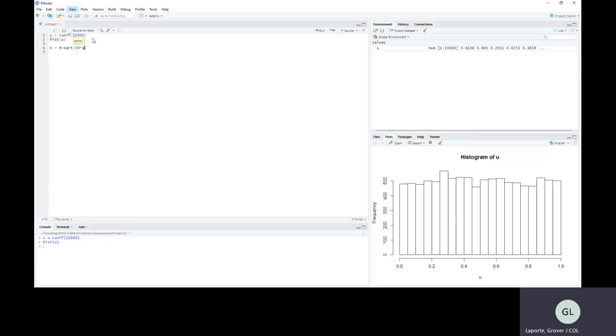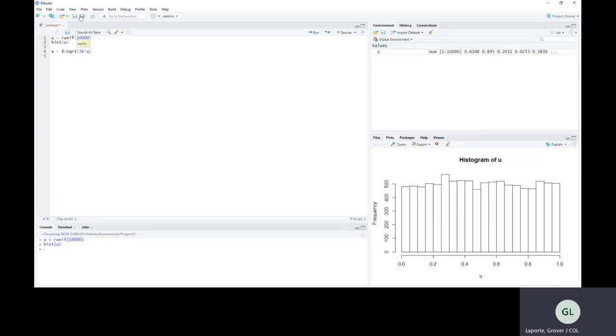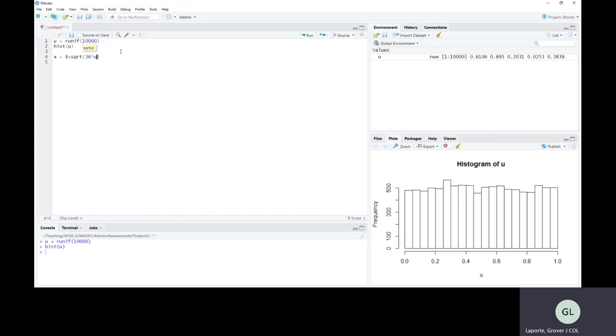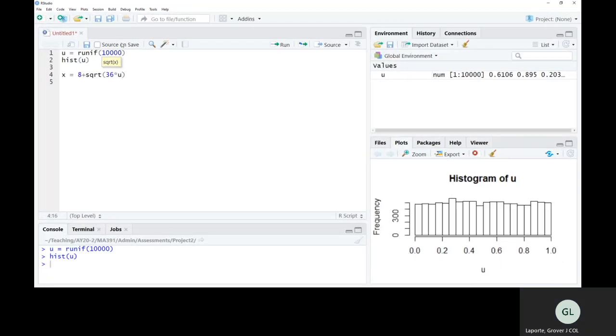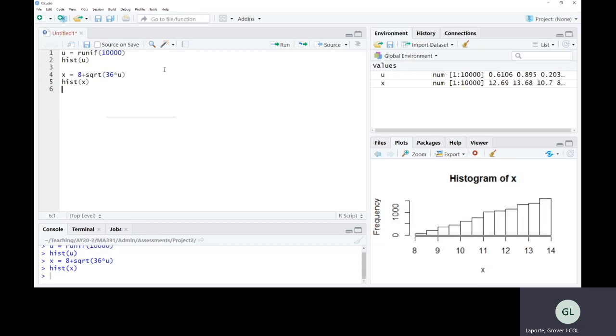So view, zoom in, control plus. Apologize for that, my hand hit it when I went down to hit control enter. So control enter, and then hist(x).